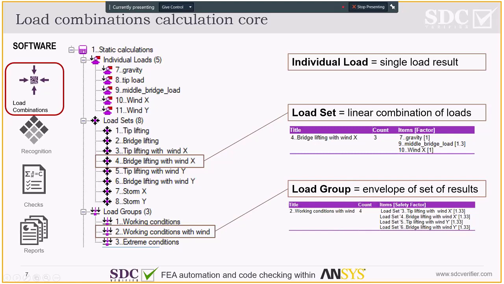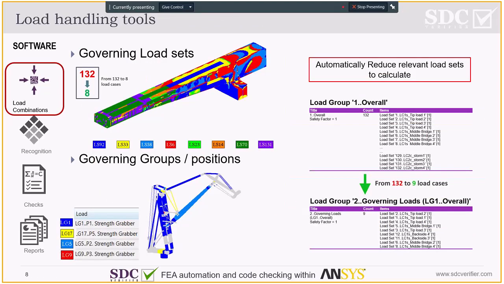Of course, if you have created a huge amount of different loads, you need to handle this somehow, and you need to understand what's happening with your structure and what the most crucial or governing loads are for your finite element model. So we have created some tools which help to handle your loads and to understand what's happening. For example, we have a governing load tool which creates a plot highlighting the most crucial load sets for your model.